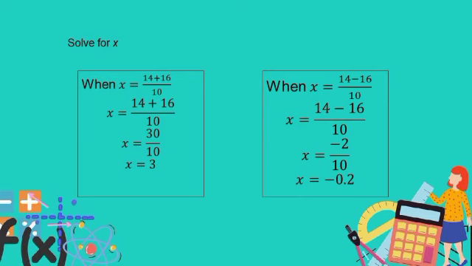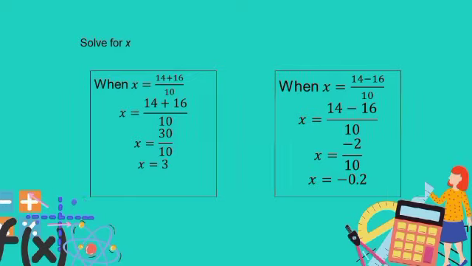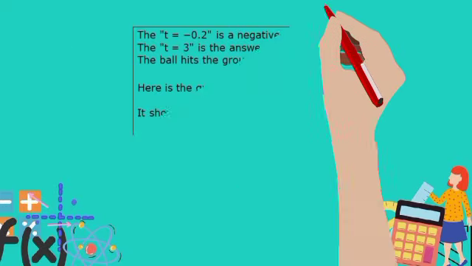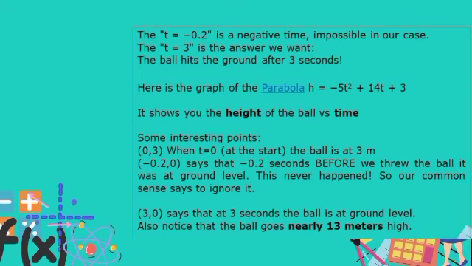So our solutions or roots are 3 and negative 0.2. The t equals negative 0.2 is a negative time, impossible in our case. Thus, t equals 3 is the answer that we want. The ball hits the ground after 3 seconds. Here's a graph of the parabola h equals negative 5t squared plus 14t plus 3.